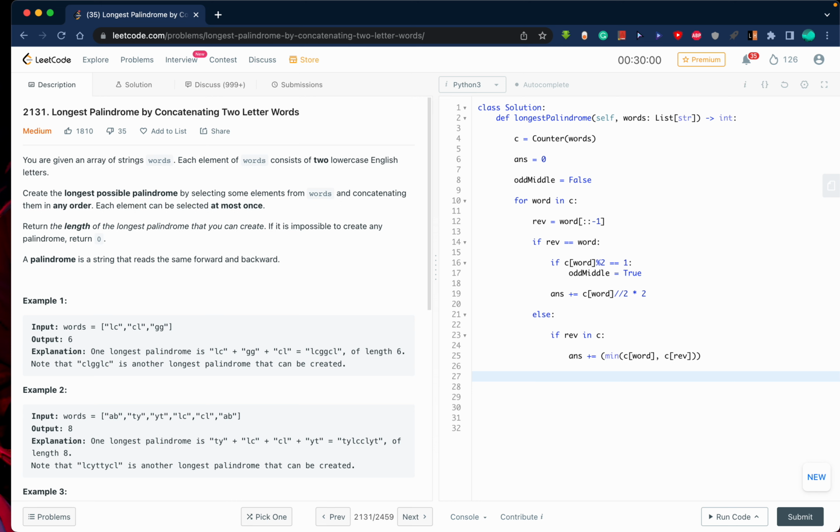So I have exactly answer number of pairs. So I return it, and each pair has two characters, so times 2.